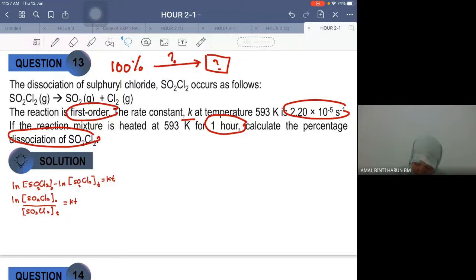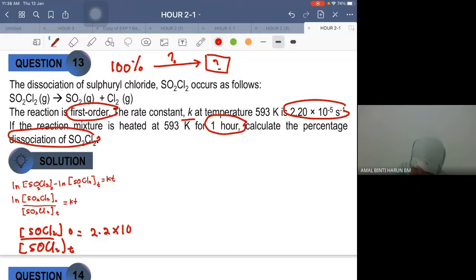Okay. And then K is given. Macam mana buat lah. Ln SOCl2 over SOCl2 ni, initial ni time. Okay, you substitute K, dari mana K? 2.2 exponent negative 5, it is per second.